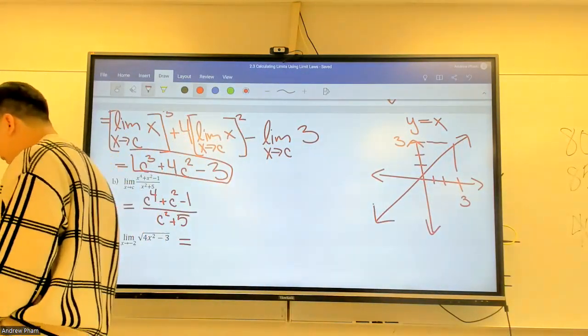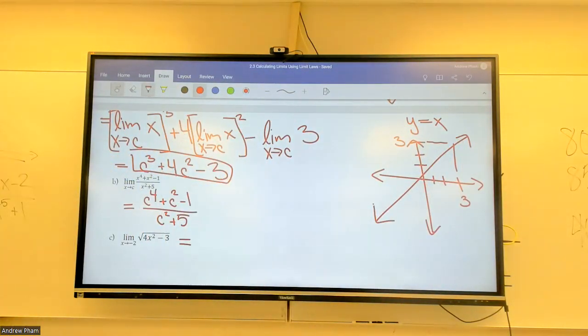I'll give y'all another second for anyone that hasn't finished writing it down or completing it yet. This time I'm taking the limit as x goes to -2. Because remember, c was just a placeholder for any number. But now I'm just saying, let's define what we want c to be. So just like how in parts A and B it looks like I just plugged in c, I'm going to guess, based off a pattern, for part C, I'm just going to plug in -2.